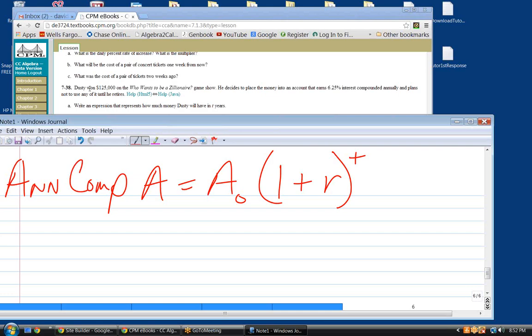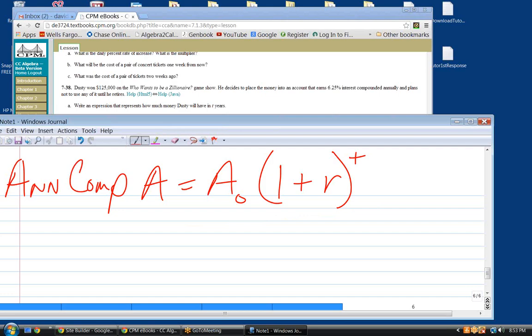So if Dusty won $125,000, he decides to place the money into an account earning 6.25% interest compounded annually. This is the equation that fits compounded annually. Because there's also a different equation for compounded more often than annually, and a different equation for compounded continuously.